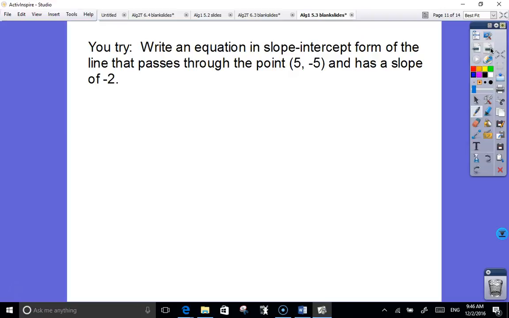Plug it into point slope form and then solve for y. And then you'll have the slope intercept form. And it doesn't matter which point. Oh, actually, we just have the one point. When you solve for y, everything's always going to be the same.